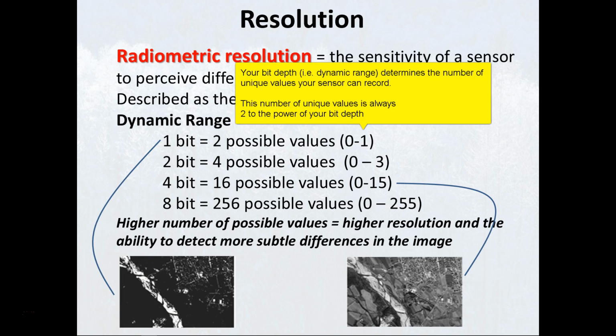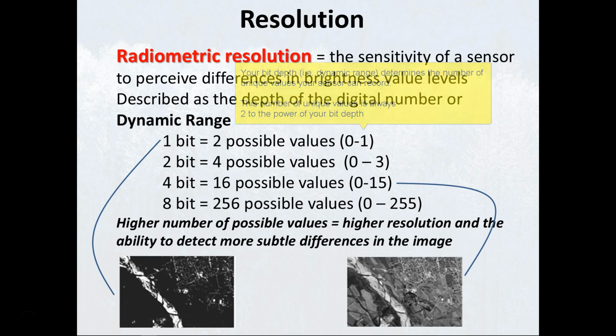Your 16 possible values are always going to be 0 to 15. 0 would always be included in that. And 8-bit data, 2 to the power of 8, 256 values, which is 0 to 255, and on and on. And the higher the number of possible values that can be stored, the higher your radiometric resolution.